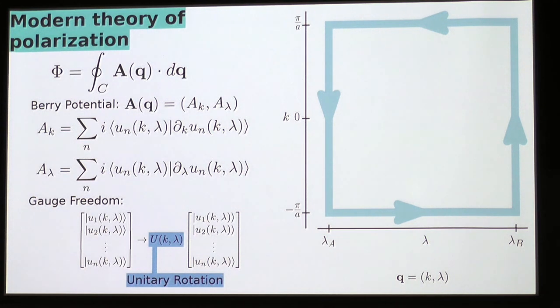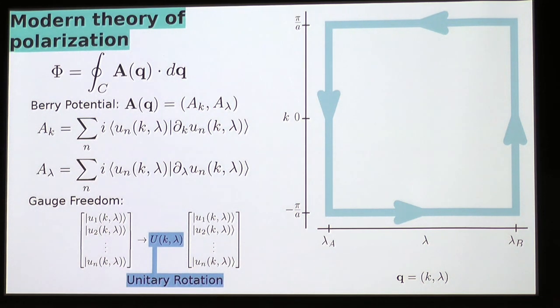What's typically done is we can use Stokes' theorem to, instead of finding the integral of the curvature over that whole k-lambda space, define a vector potential, the Berry potential, around the boundary, and integrate that just at the edge. So I've defined this Berry potential here, but just like in classical electrodynamics, when you go to a vector potential, you have a gauge freedom, which comes up as a unitary rotation that can act on all of the bands at any point k-lambda here. We'll come back to that soon.